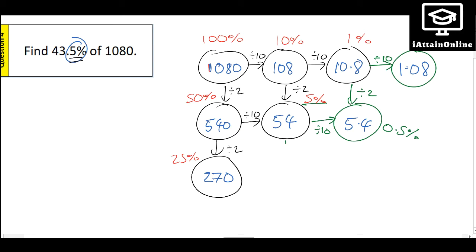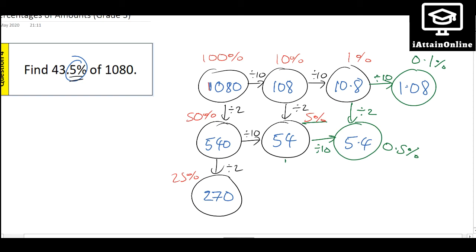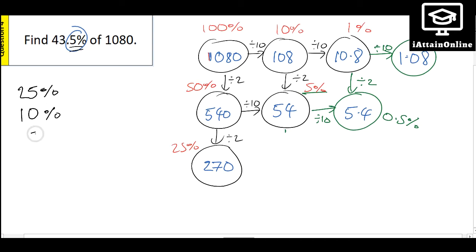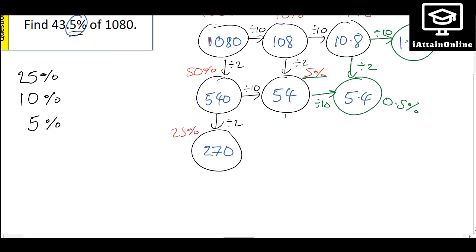Okay, now we can use those additional percentages, those green bubbles that I found, to find that missing percentage if I need to. So to find 40%, for example, there's always more than one way of doing it. I'm going to use 25% and 10%, which will get me to 35%, another 5% to get me to 40%.